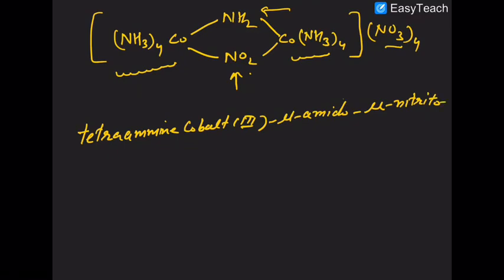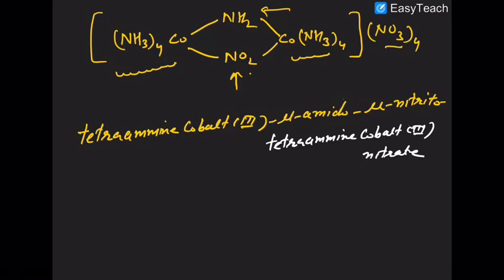Then you have this portion, tetraamine cobalt, and after that you will write the oxidation state, that is 3, nitrate. Okay, you got that idea now?